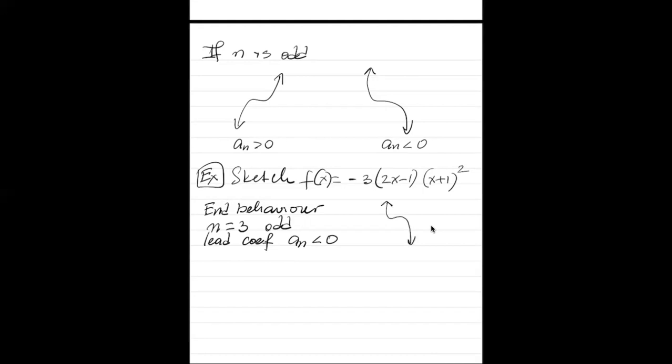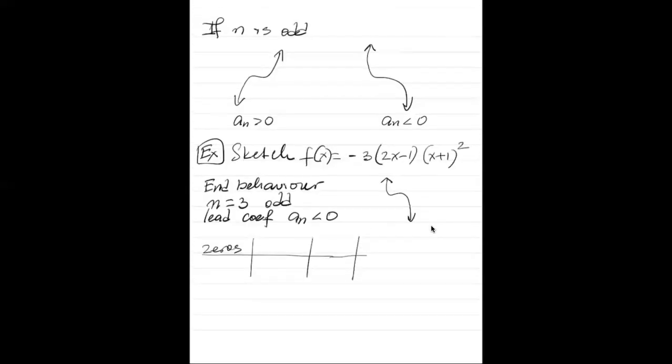Okay, the next thing we can consider is find the zeros and the multiplicity of each zero. So what are the zeros of our polynomial? You can easily find them if you set each factor equal to 0. So 2x minus 1 equals 0 and x plus 1 equals 0.